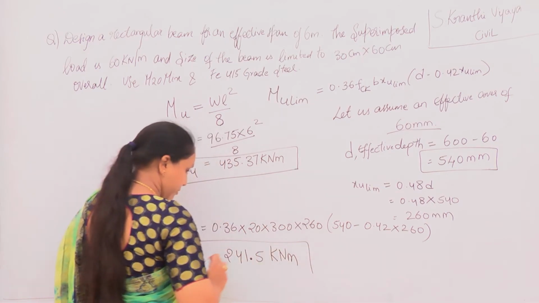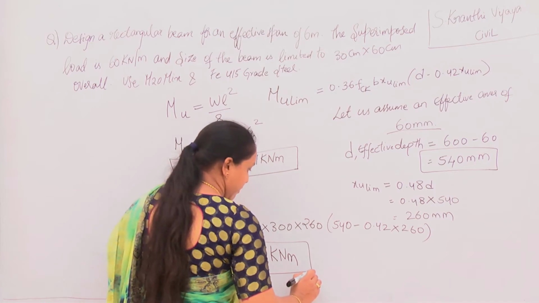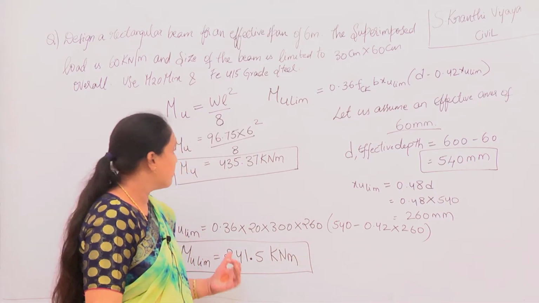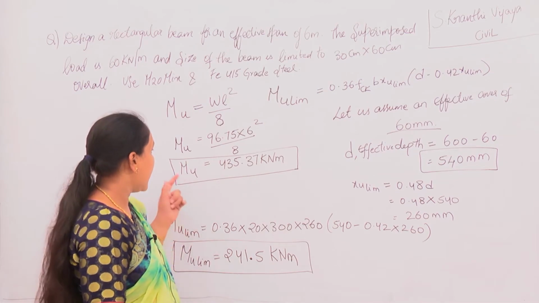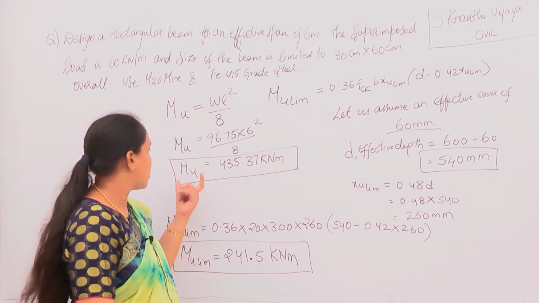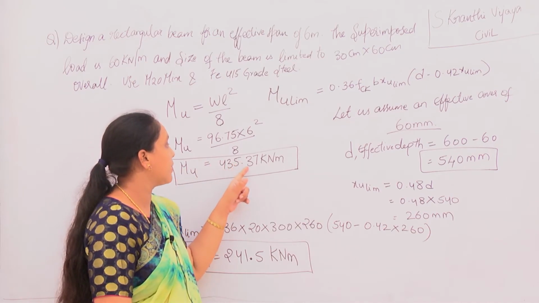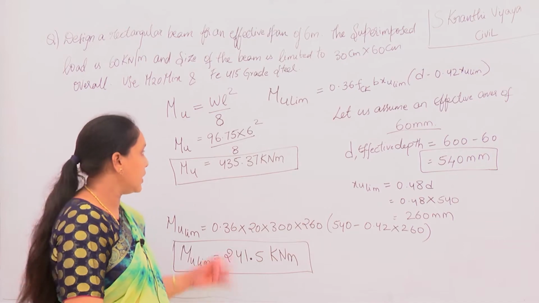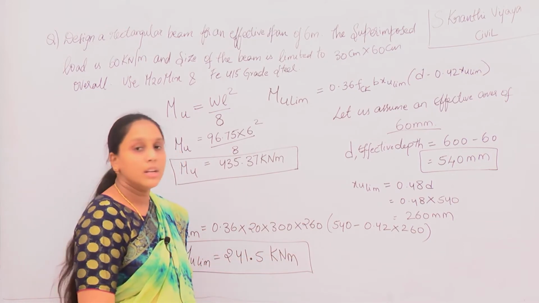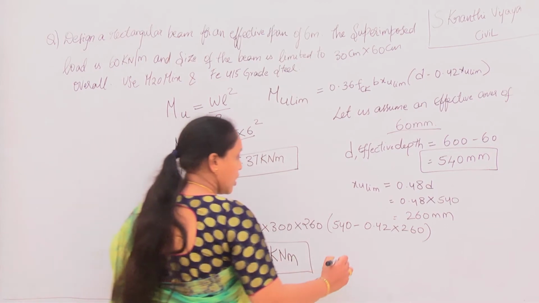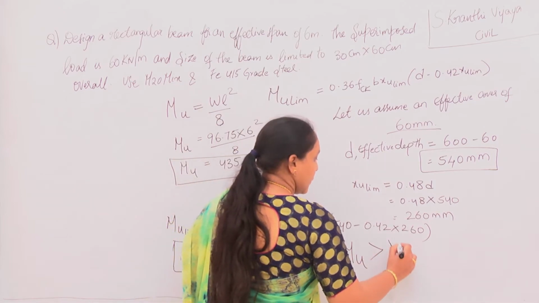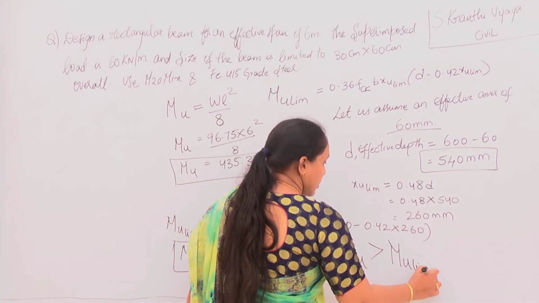We get a value of 241.5 kilonewton meter. From this you can observe that Mu is greater than Mu limit. The value of Mu is 435.37 kilonewton meter, and the value of Mu limit is 241.5 kilonewton meter. So Mu is greater than Mu limit.